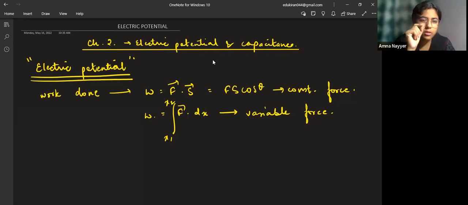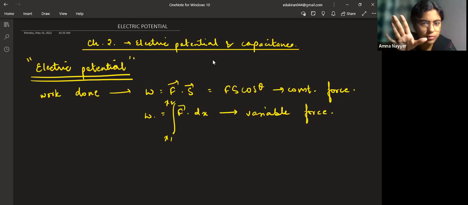Just a quick revision of work done. I hope all of you remember it, because work done will be used here a lot. If your force is constant, we use the dot product of force and displacement, F dot S, Fs cos theta. If your force is variable, we perform integration of F dot dx, from x1 to x2.